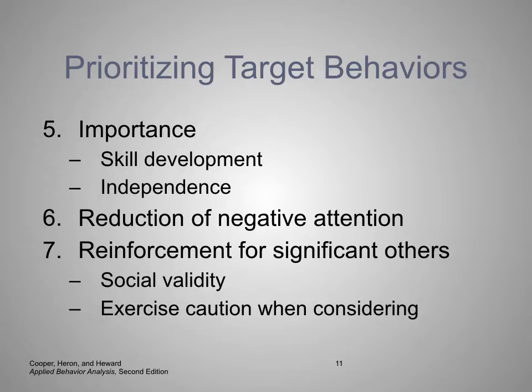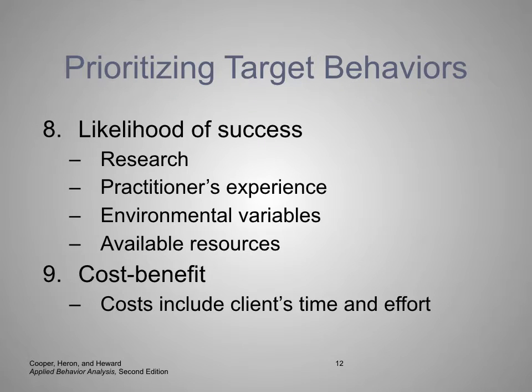Number 7, will this new behavior produce reinforcement for significant others? Number 8, how likely is success in changing this target behavior? Number 9, how much will it cost to change this behavior? By answering these 9 questions, you can get some idea which behavior you can go first, right?